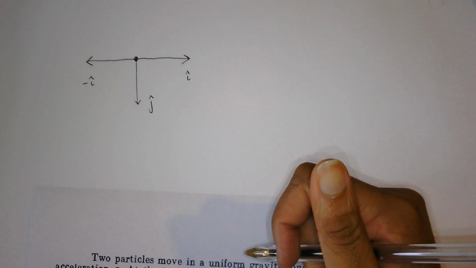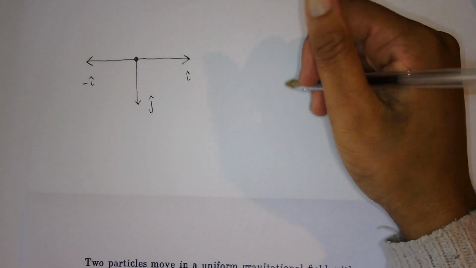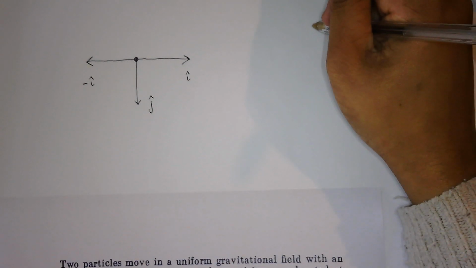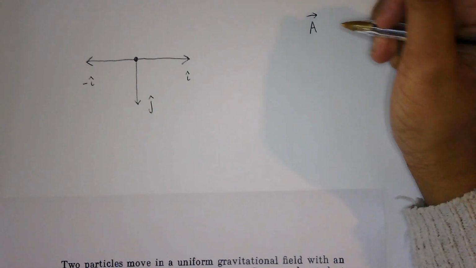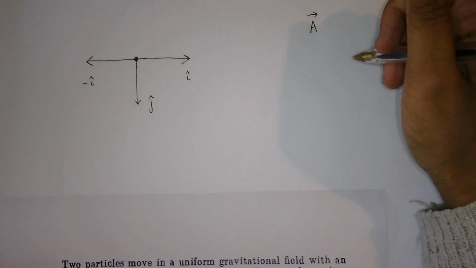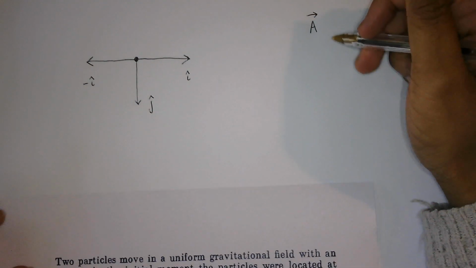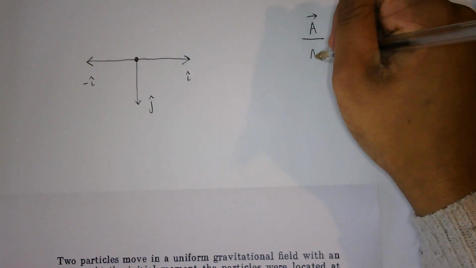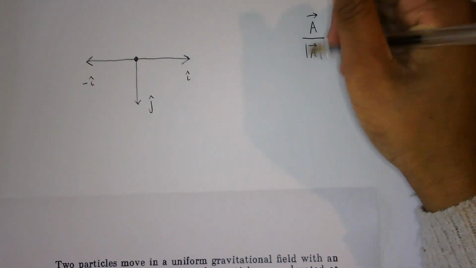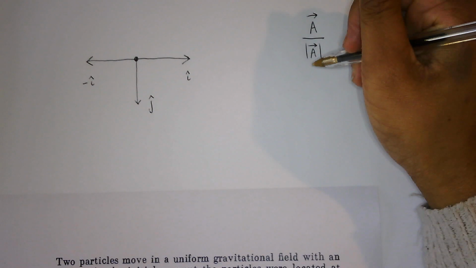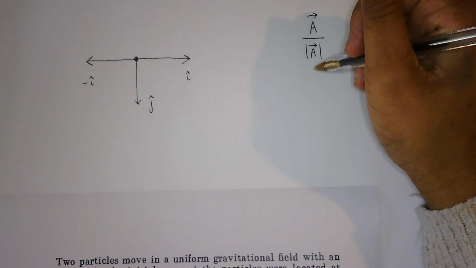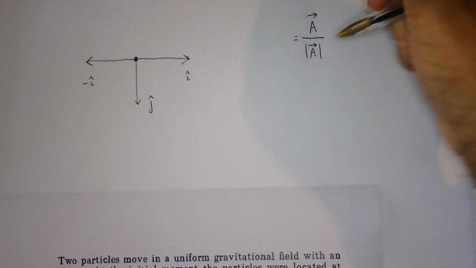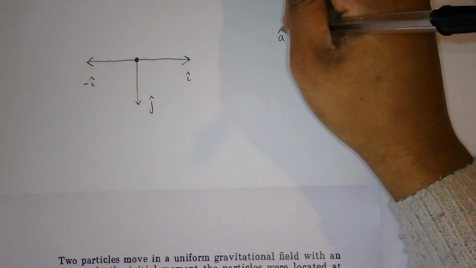So the way to understand unit vectors is just imagine we have any vector, so we'll say the vector a, and you know that vectors have magnitude and they have direction. So if we take this vector and we divide it by its magnitude, so that's a with the magnitude sign, the thing that's left is its direction, and that is what we call a unit vector, and it's written as a lowercase letter with a hat.